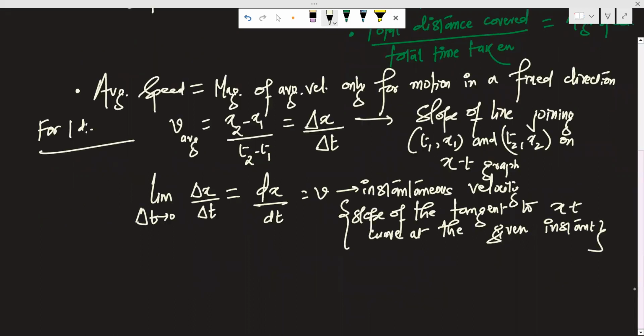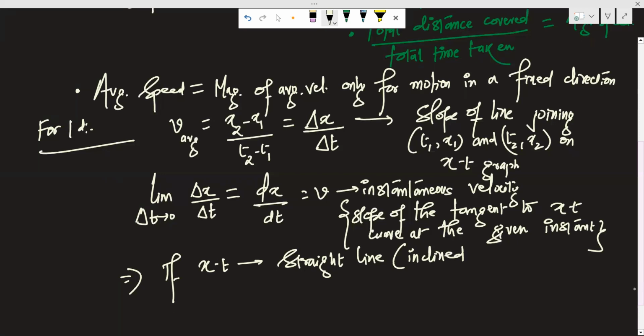So what it means is that if x-t is a straight line, that is, if the position versus time or displacement versus time graph is a straight line which is inclined to the time axis, not parallel to it, then obviously v will be constant, because a straight line means constant slope, and this indicates what is known as uniform motion.